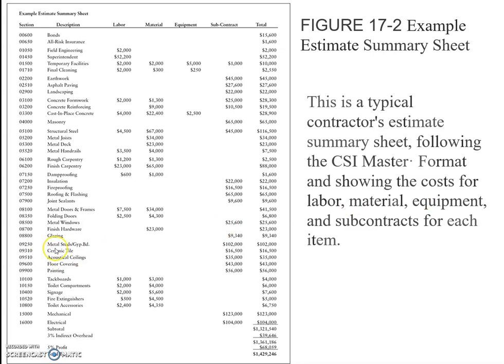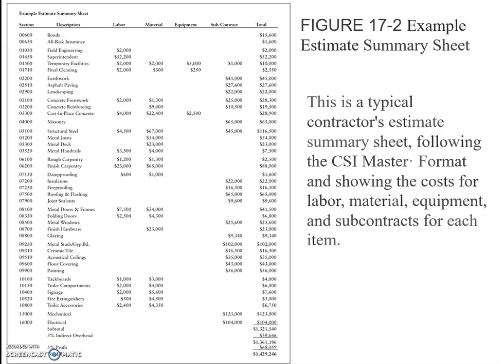The third thing we can observe in these estimates is the distribution of overheads. Several different methods exist for distribution of overheads and non-allocated items to the items on the schedule of values. The method used may be determined by the contractor, regulations, or local custom.